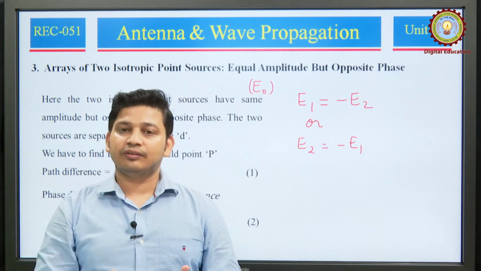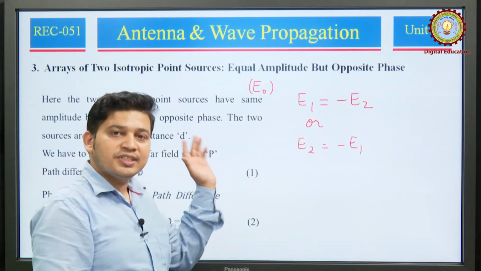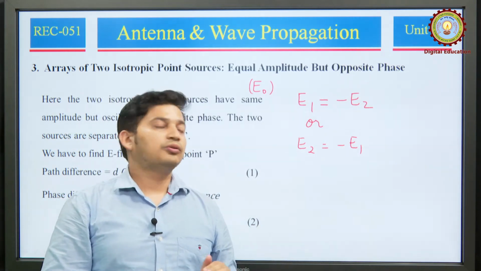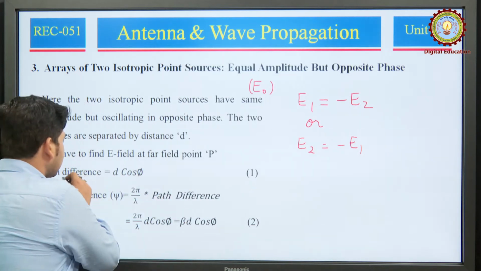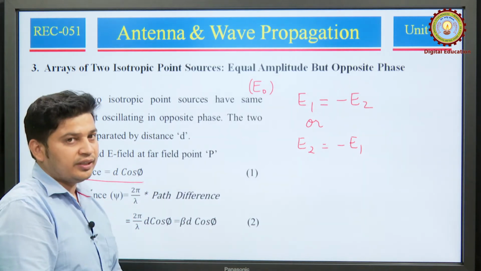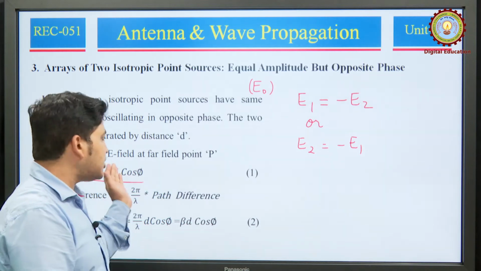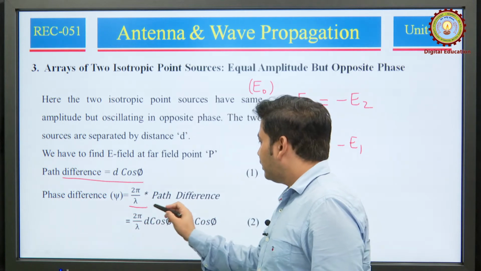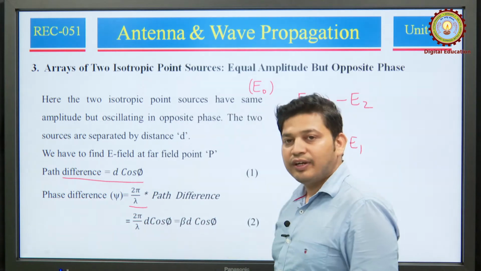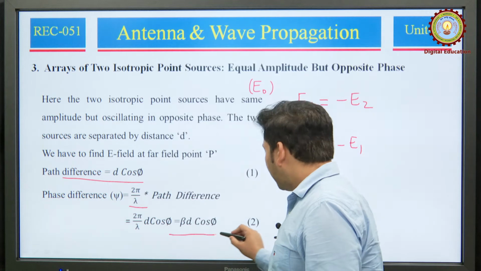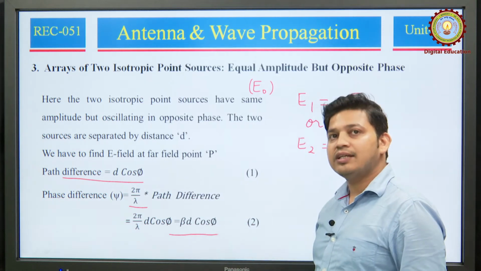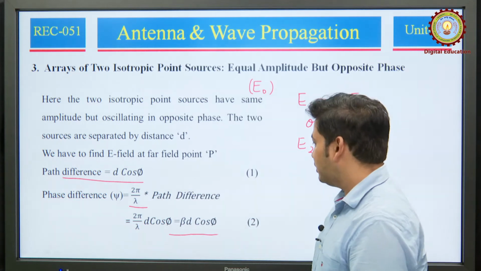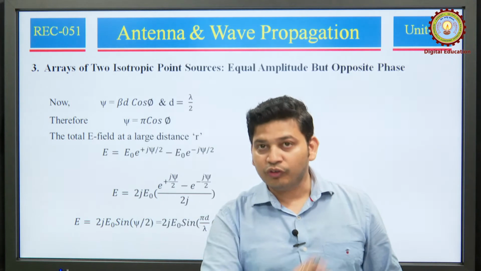There are two sources, so both path lengths are different. As in the earlier case, the path difference is d cos phi, and the phase difference is 2 pi by lambda times the path difference. So, 2 pi by lambda into path difference leads to beta d cos phi. This is the same formula we discussed earlier in case number 1, two isotropic point sources of equal amplitude and same phases.